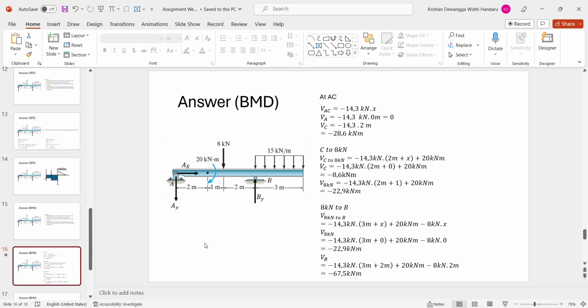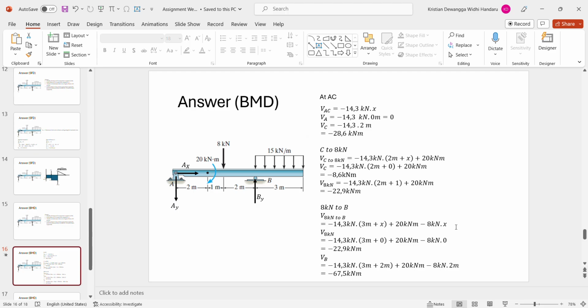Next, for the BMD, at AC, VAC equals minus 14.3 kilonewton multiplied by X. VA is minus 14.3 kilonewton multiplied by 0 meter equals 0. VC is minus 14.3 multiplied by 2 meters equals minus 28.6 kilonewton meter.